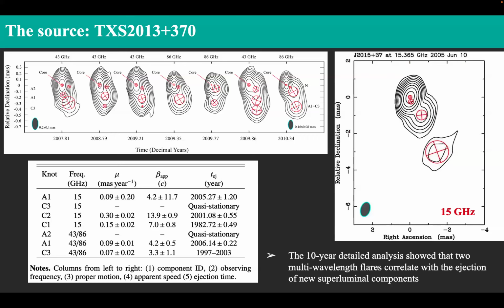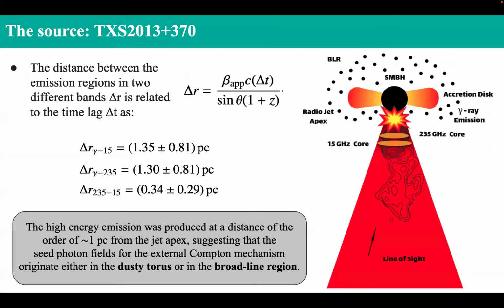And using this kinematic analysis, they took the plasma speed at these scales, and using this equation, the time difference between the emissions and the velocity, they were able to find the distance between where the VLBI core was and where the gamma ray emission took place.